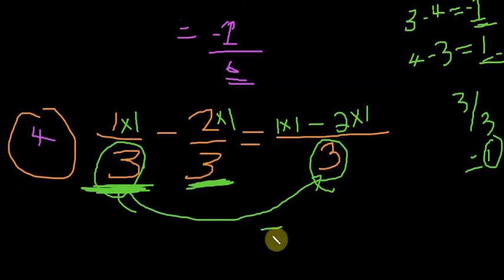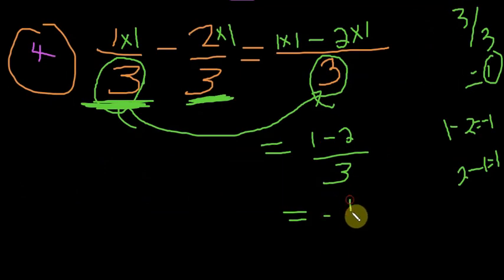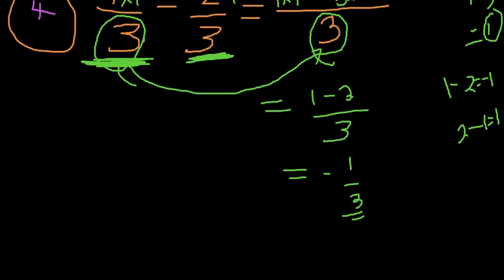So 1 times 1 is 1, minus 2 times 1 is 2, everything over 3, just write down everything as it is. And 1 minus 2, the answer is minus 1. Remember, 2 minus 1 is 1, so 1 minus 2 is negative 1, because 1 is smaller than 2. So we have negative 1 over 3 as our final answer.